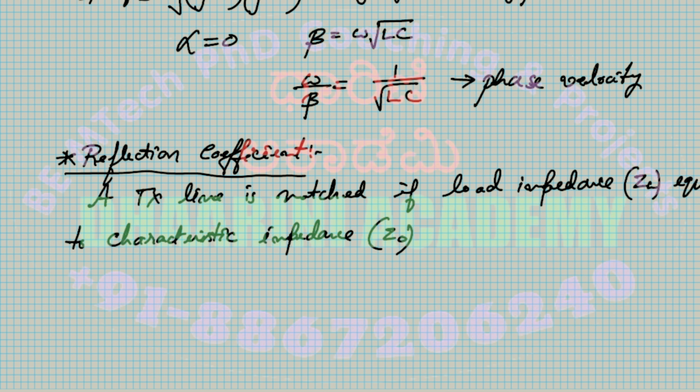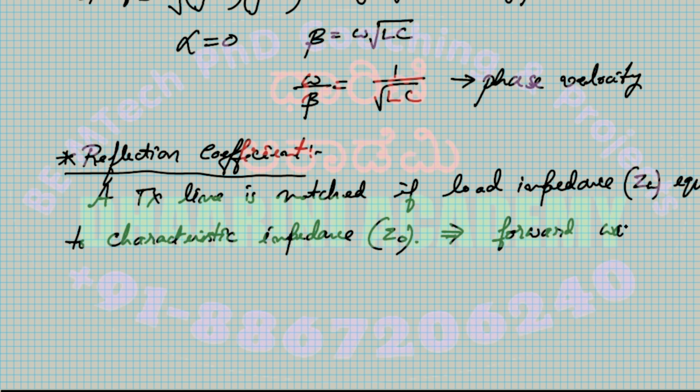So what do you mean by perfectly matched is that, in the sense whenever you have a matched line, the forward wave is perfectly or completely absorbed.